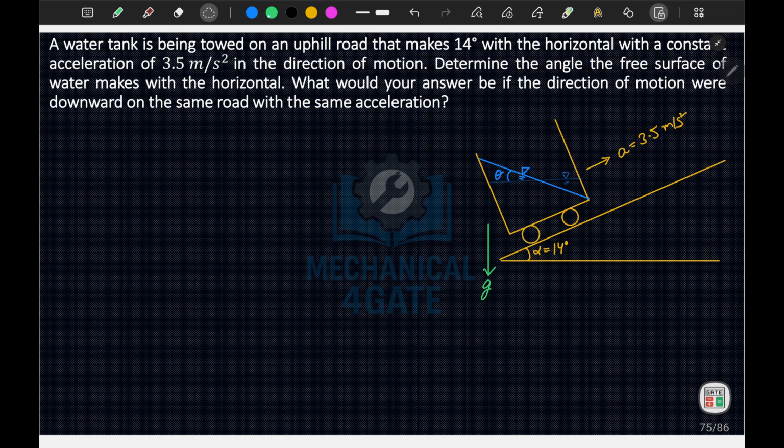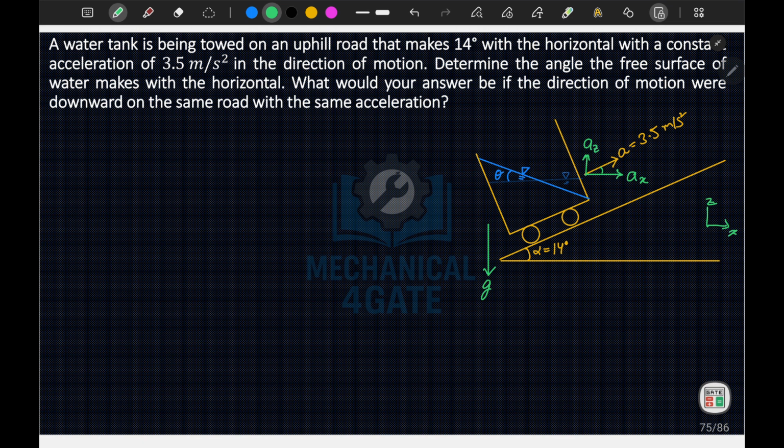If this here is your a, the two components will be this component, that is ax, and this component up to this point only, this is az.